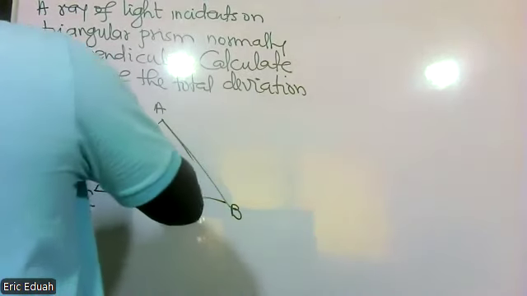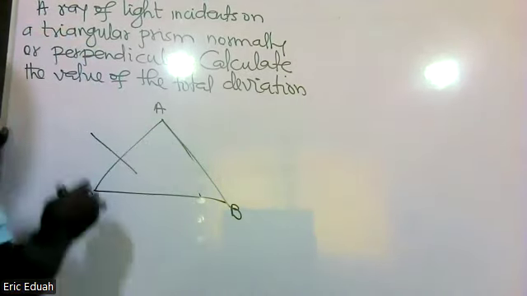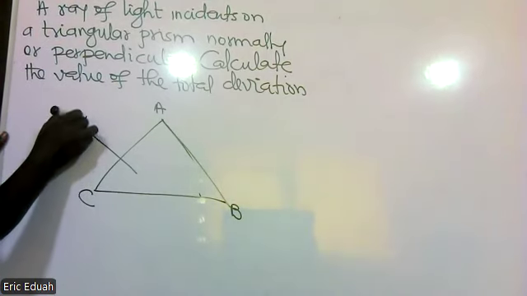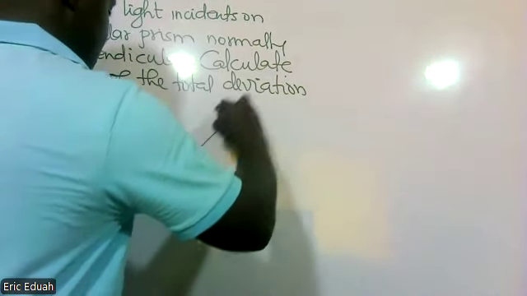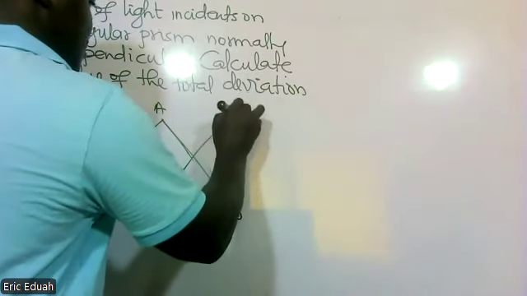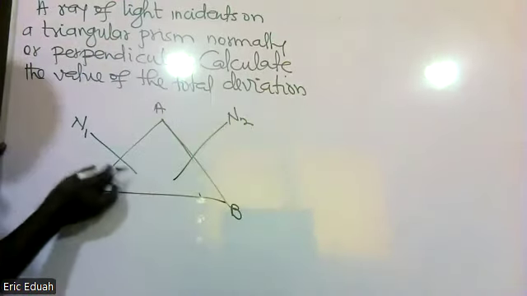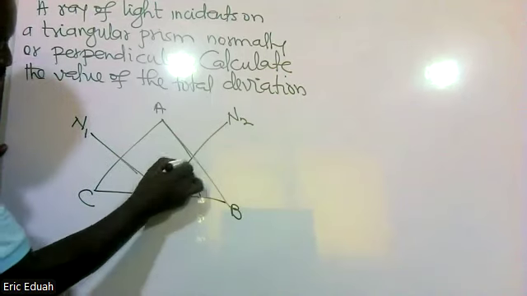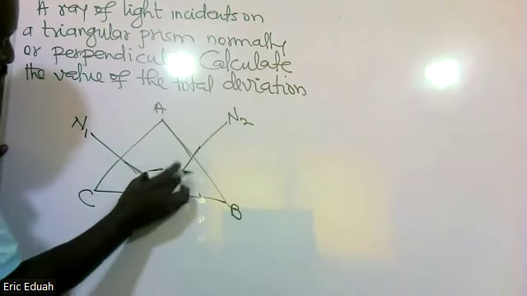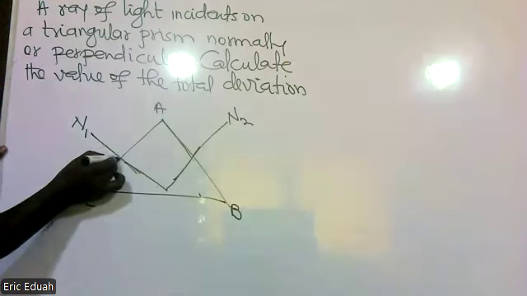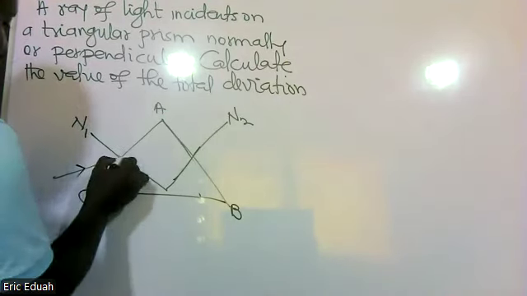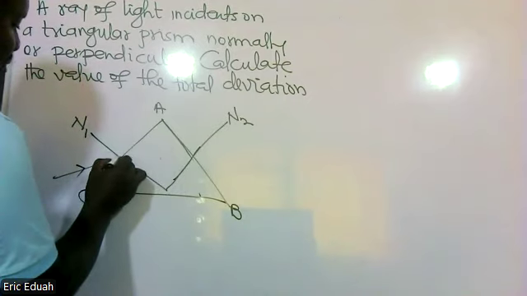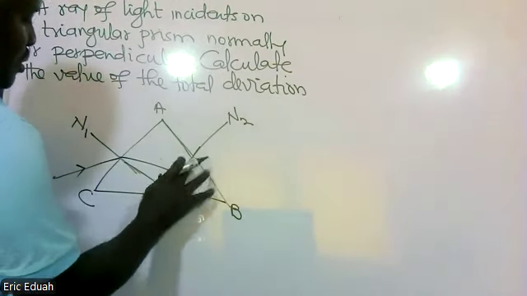Let's draw a normal to each of these refracting sides. This is N2. So when you incident light here, air to glass, it will be deviated towards the normal.